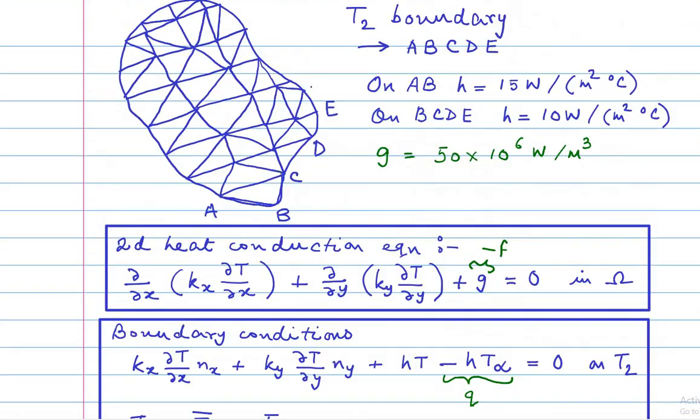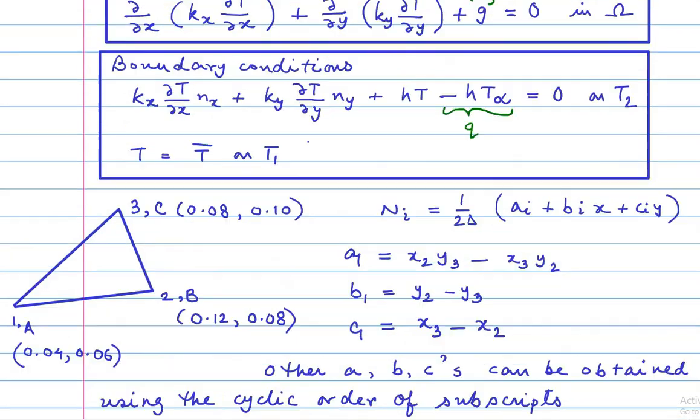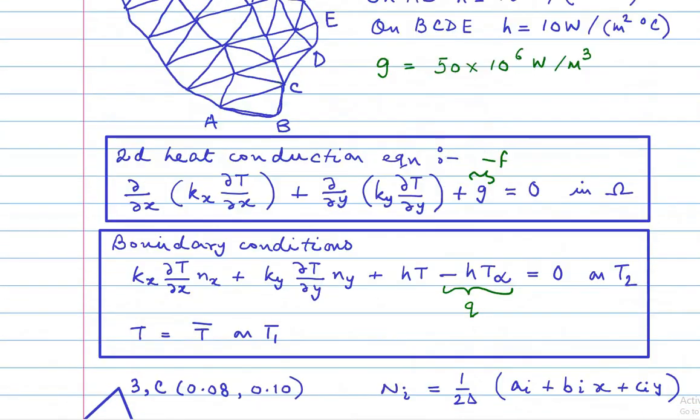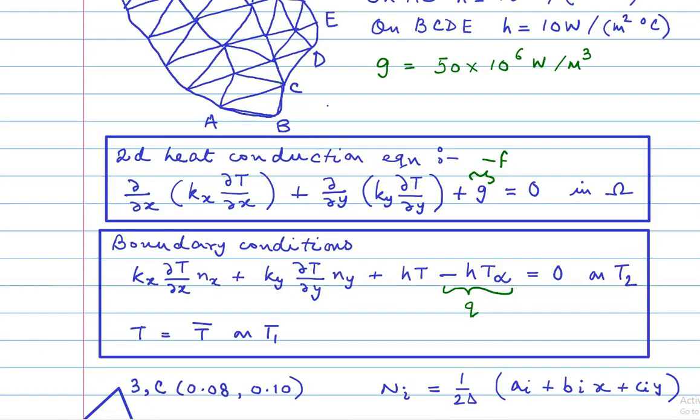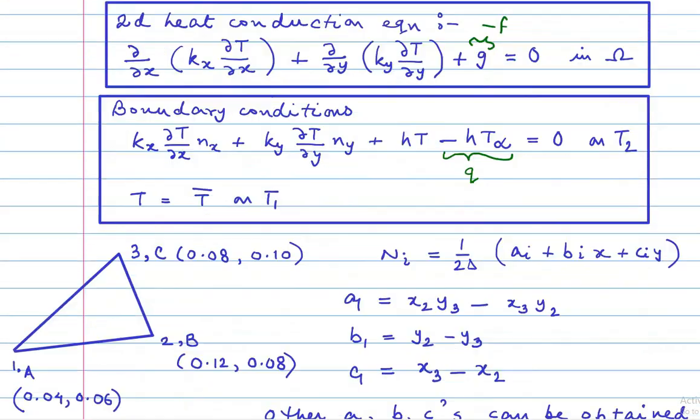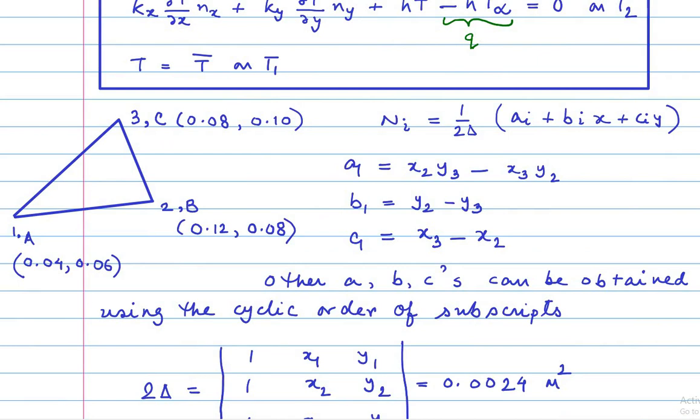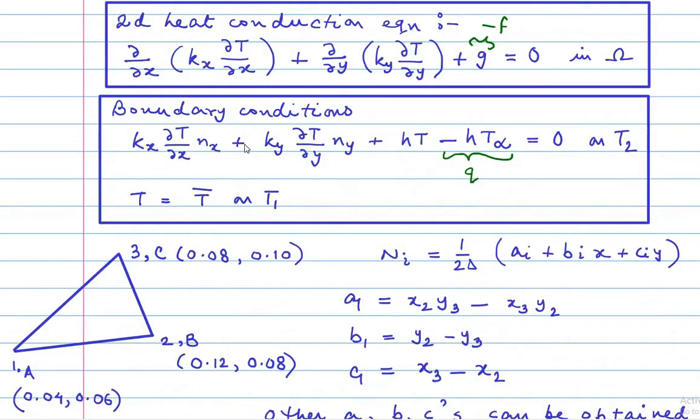Now suppose we are trying to find the element equations for the element A, B, C. So these are the coordinates in meters.